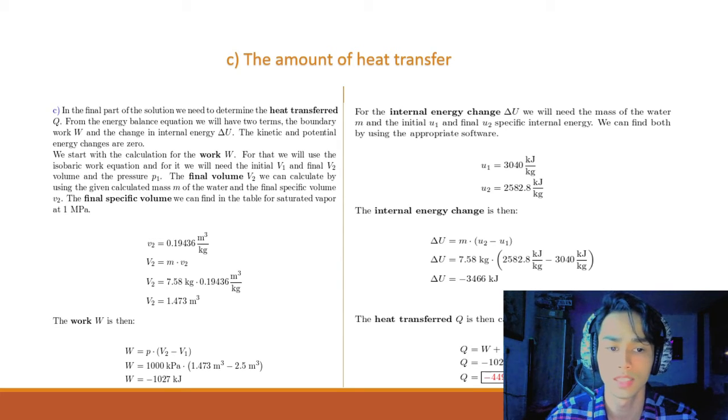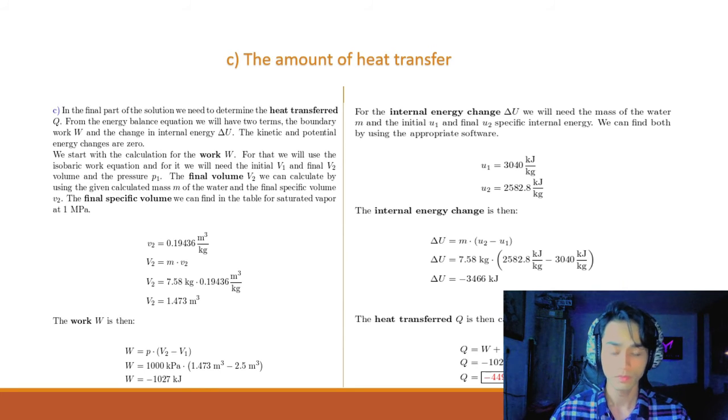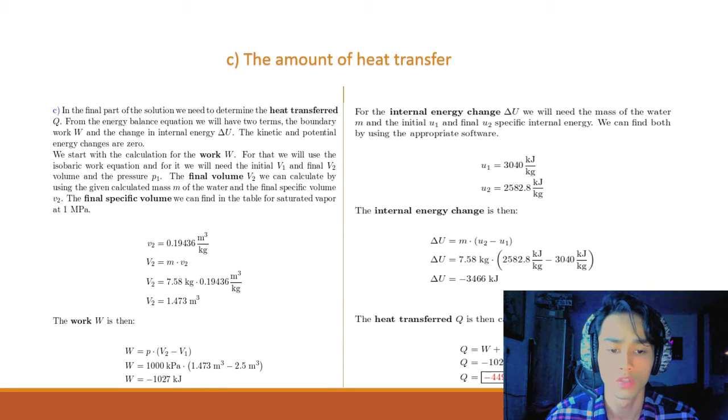So for the internal energy change we use the formula delta U equal to m times the difference between the final and initial specific internal energy. We use the mass of water, which is 7.58 kilogram, and we put the value of initial and final specific internal energy. So we get the internal energy change, which is negative 3466 kilojoule.